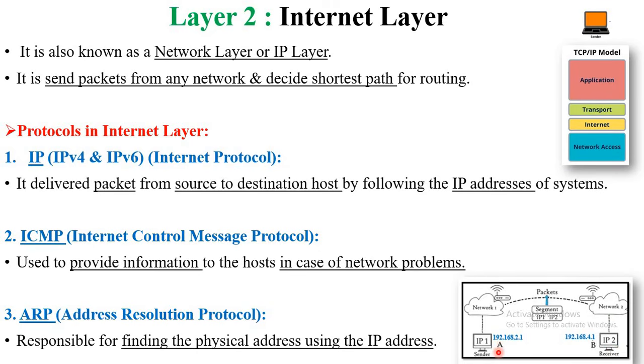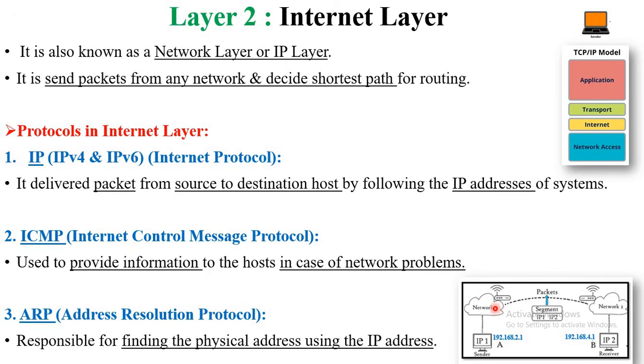Now this A PC wants to send information to B PC. So they give the IP address of that PC, okay, and send this packet to network 1. Now in network 1, the router checks that IP address. So they check the IP address is 192.168.4.1. Okay. So they check 192.168.4 is a network 2 IP address, and this one is the host address of that PC.